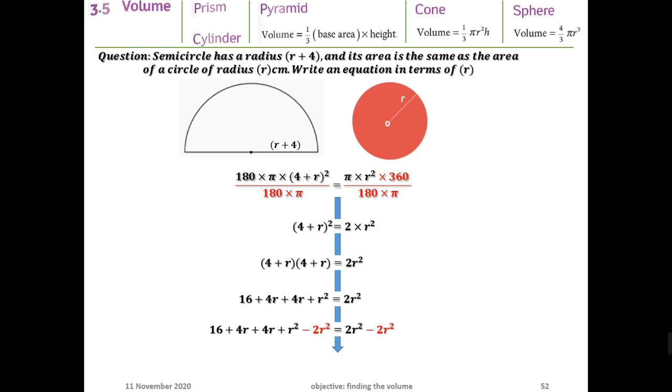4r and 4r, when we add, we know that they are like terms because it's an r. So we only add the coefficients 4 and 4 and we do not mess with the power. The power is only telling us if they are like terms or not. We only change the power when we are multiplying or dividing expressions.